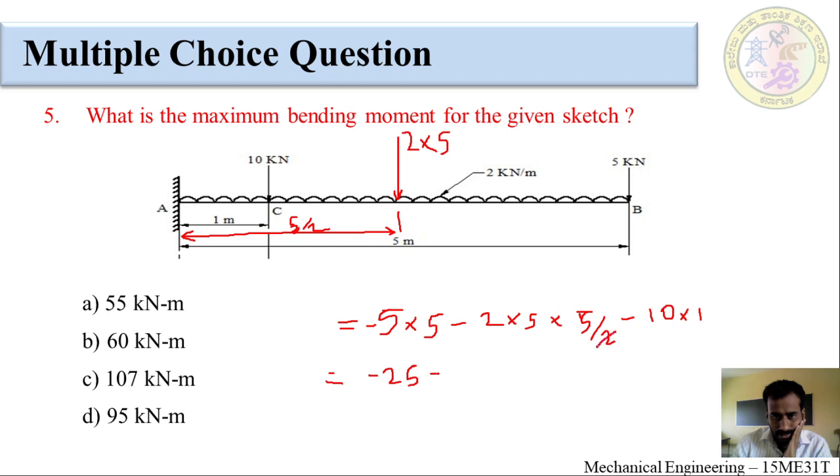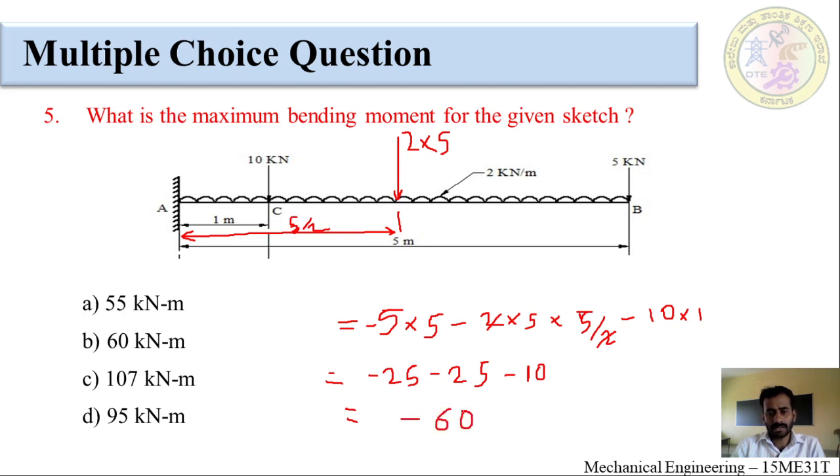minus, the 2 gets cancelled, 25, minus 10. So, which is minus 60.